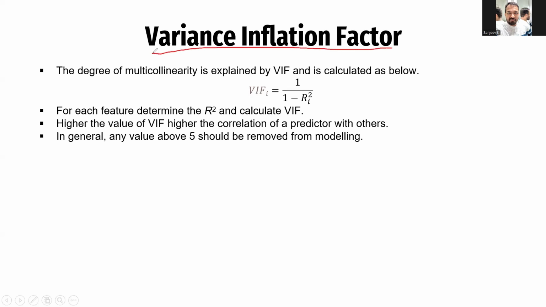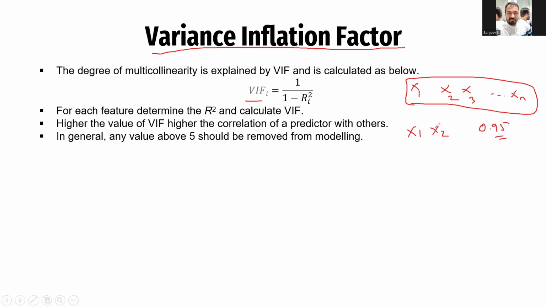Whenever there are more dimensions, x1, x2, x3, and so on up to xn, we find the variation inflation factor for all these variables. Just to keep in mind, let us say that x1 and x2 have very high correlation, 0.95, for example.